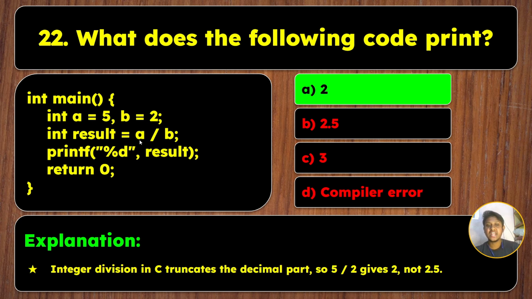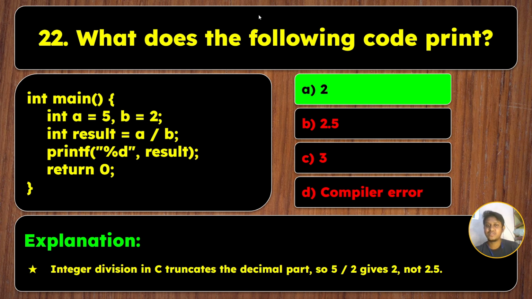If we divide A by B, it will actually generate 2.5, but we are storing 2.5 inside an integer type variable. So the 0.5 will be truncated by the C language, and we will store only 2. That's why the correct answer will be 2 only.